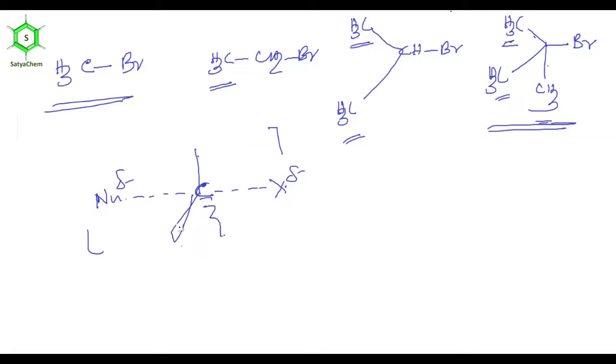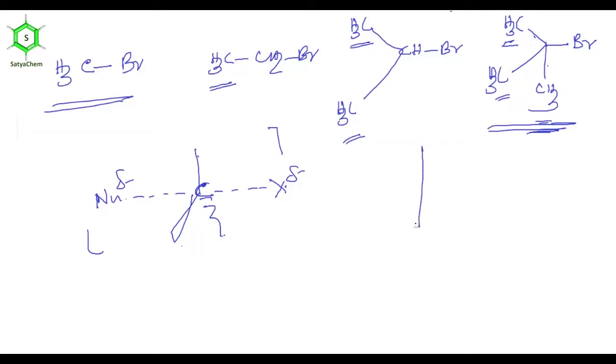So due to steric effect, the energy of the transition state in the extreme right, this tertiary butyl bromide, will be high. When the energy of the transition state increases, the activation energy will also increase.